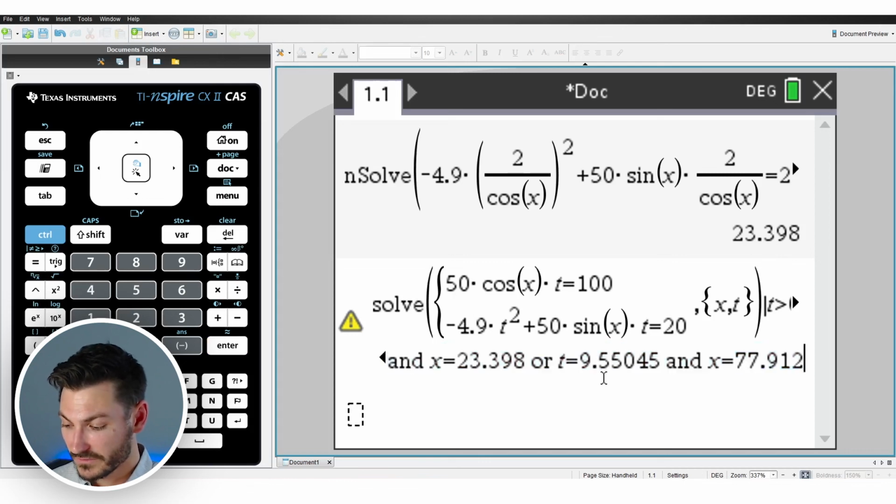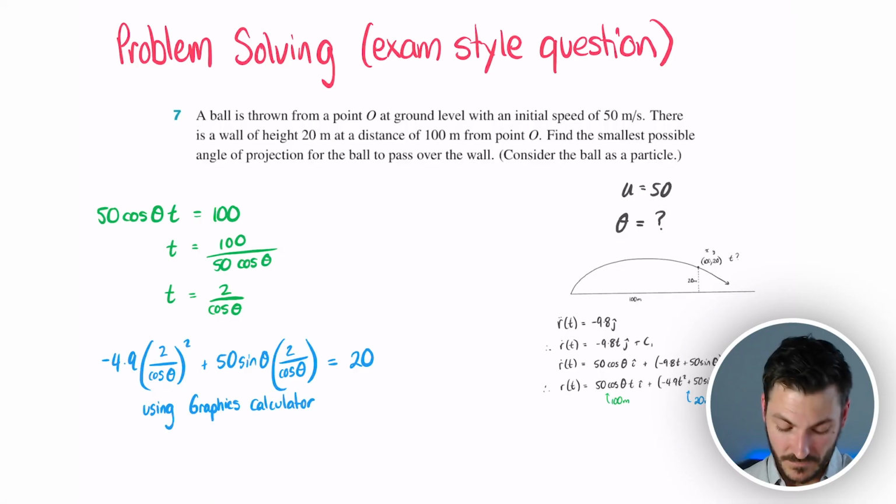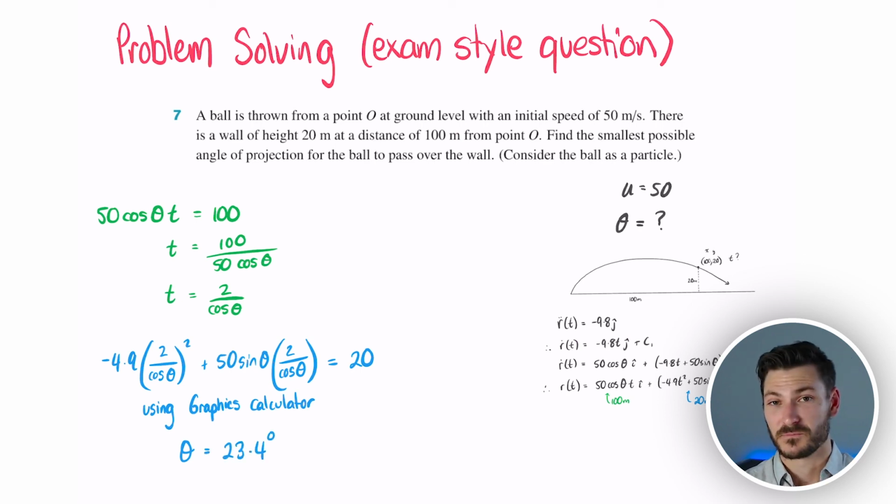At 9.55 seconds, the launch angle is 77.9 degrees. So given the angle of launch, it will clear that wall, but at different heights. So using the graphics calculator to find the smallest possible angle that the ball goes over the wall, theta must be equal to 23.4 degrees.